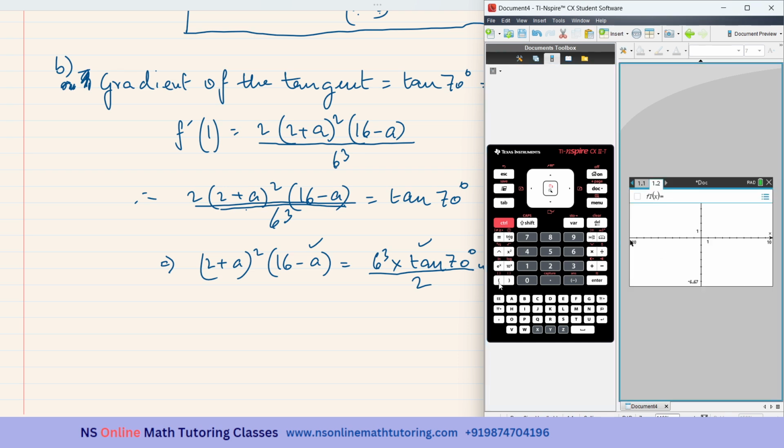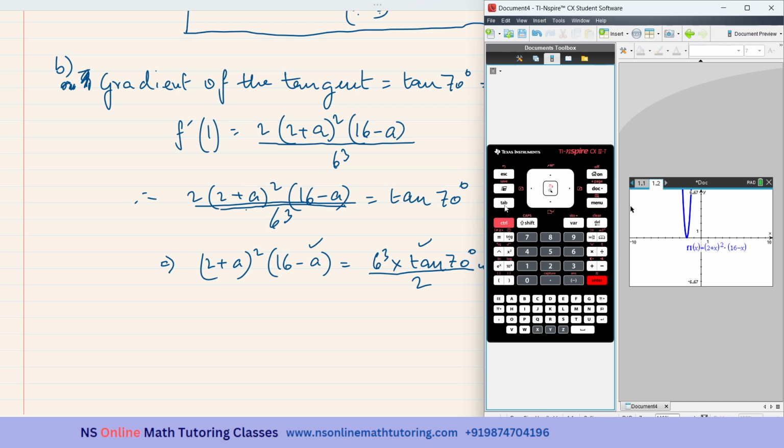It is (2 + x) whole square times (16 − x). Okay, enter. It is a cubic graph, but right now I'm seeing just a parabola type of a thing. Okay, but I have to change the window settings.